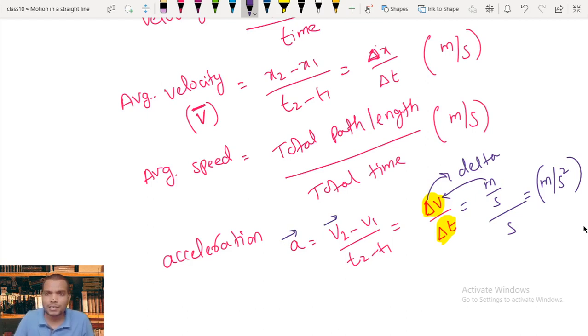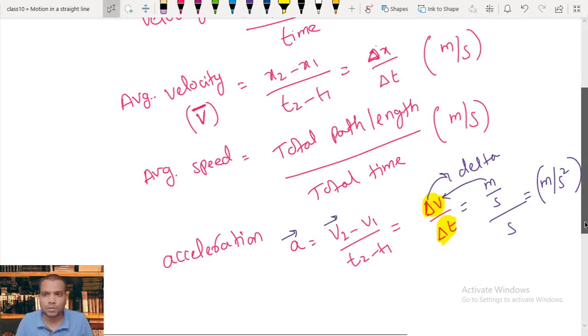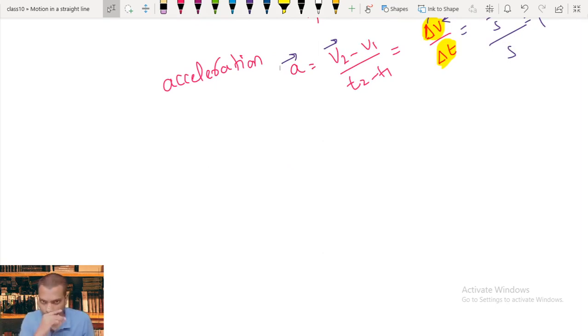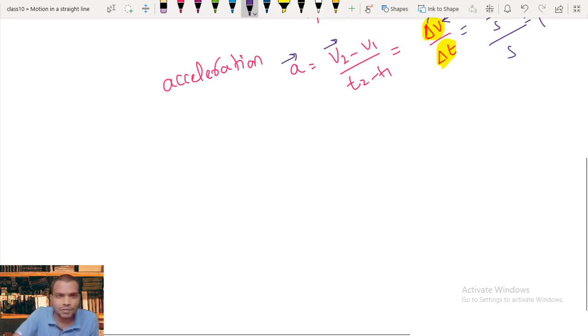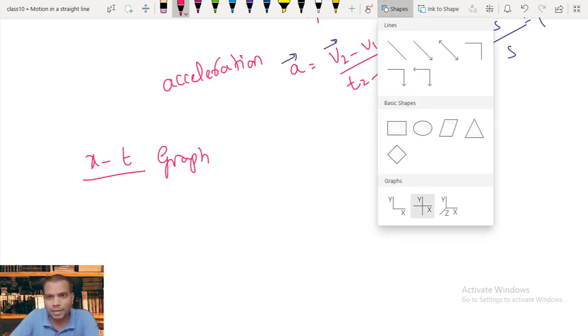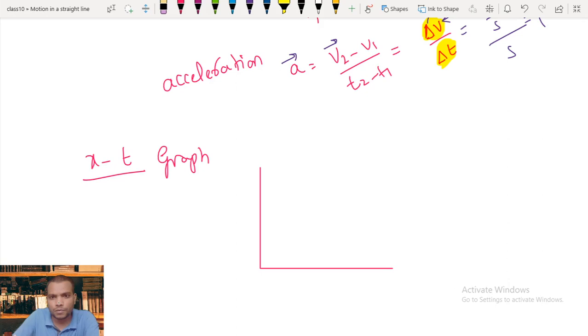Now in today's class I would like to talk much more about how we can find velocities from graphical representation. In the earlier class we drew the graph for position time graph, so x versus t graph. These are the kinds of graphs we know: x versus t, position versus time.